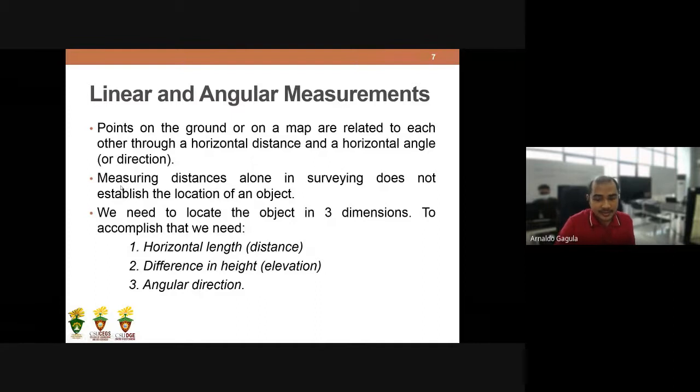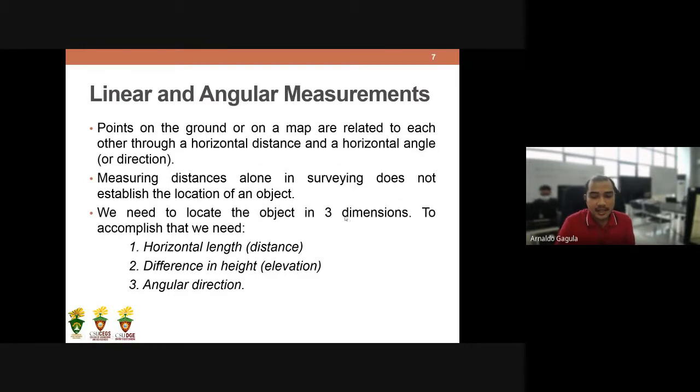Then, measuring distances alone in surveying does not establish the location of an object. So we all know that. Kung kulang ang ato ang data, so dili kita makakuha og another location, which is ang ato ang gusto mahibaw-an. And as a geodetic engineer or as a surveyor, in locating an object, dapat naka three-dimensional aspects siya.